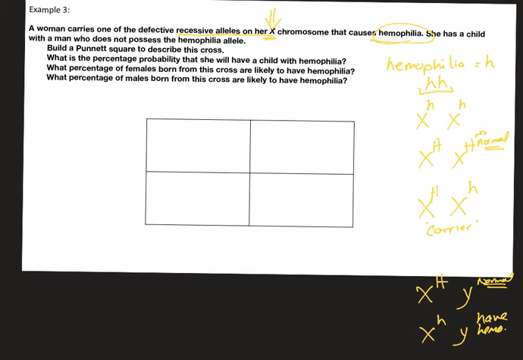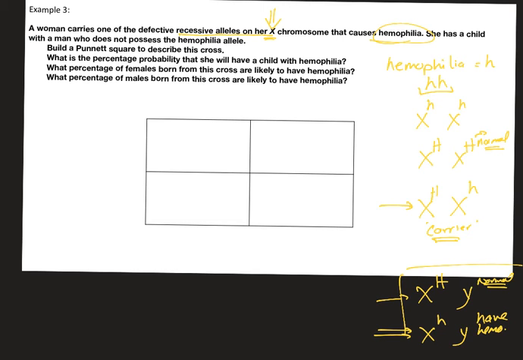Again, because this is an X-linked trait, typically it shows up more in men because they only have one X chromosome. If it's the affected one, then it's broken. Whereas if I'm female, even though I might have that little h as a carrier, if I have a normal functioning other X chromosome, it saves the day because I have an extra one.